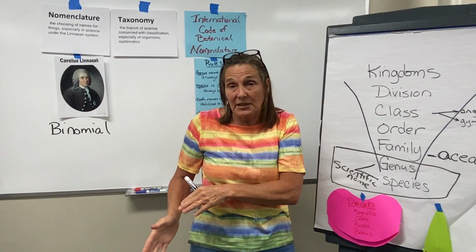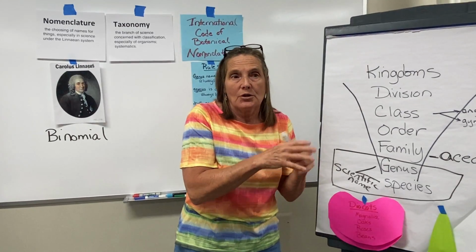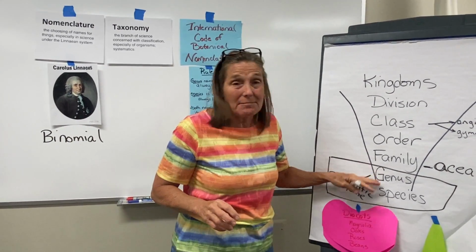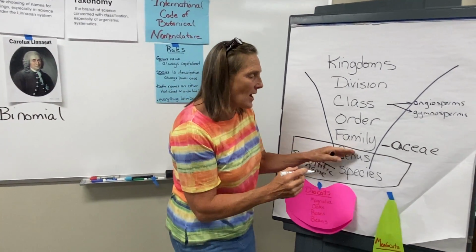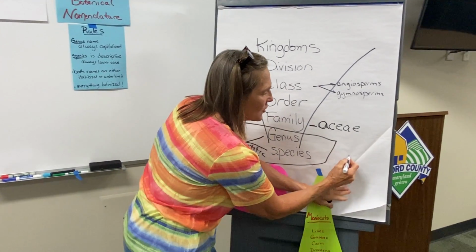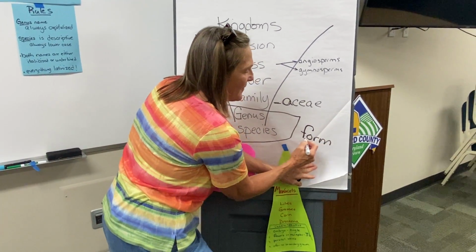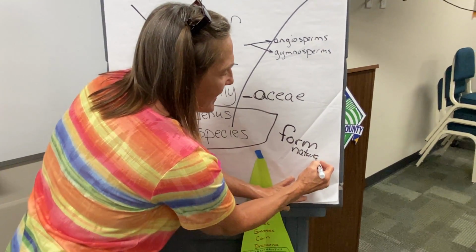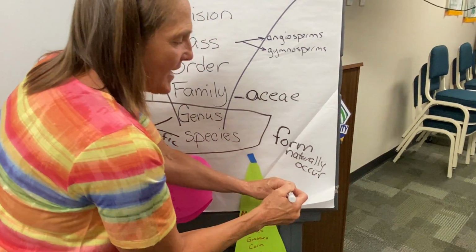But the dogwoods that live in Florida, you can't grab them and move them to Maryland. So they have the same genes and they have the same scientific name, but they're a different form. So sometimes within the genus species, you might see us use the word form. And that means naturally occurring plants that occur in the wild naturally.